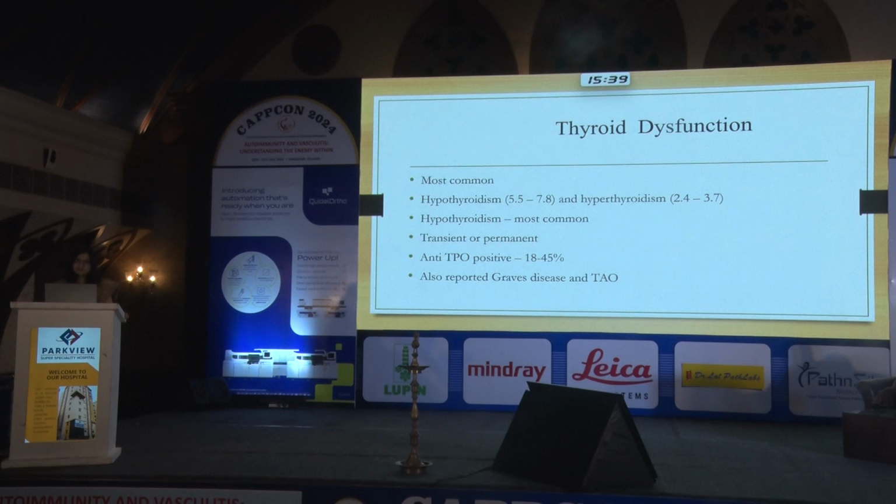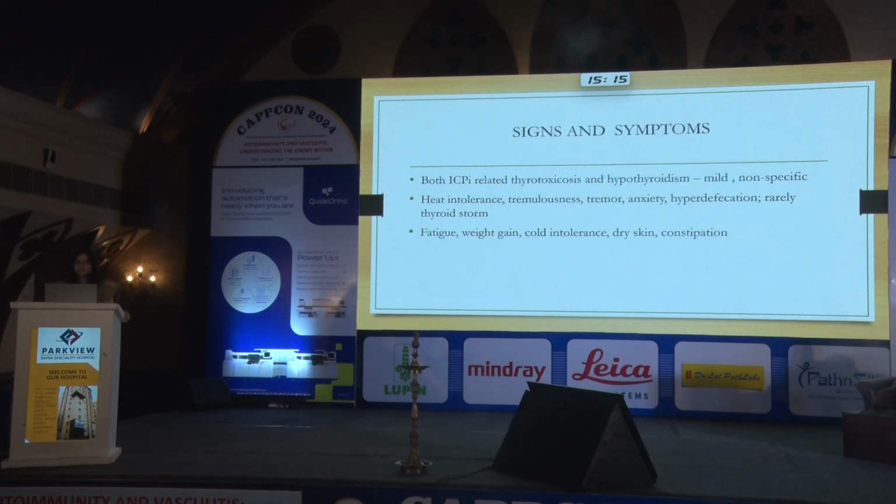Many a time, this hypothyroidism is preceded by a period of transient thyrotoxicosis, which is mild and doesn't usually require any treatment. So it can be either transient or permanent. Anti-TPO positivity is found in about 20 to 40% of the cases. Graves' disease is very, very rare, with only one or two cases reported in the literature.